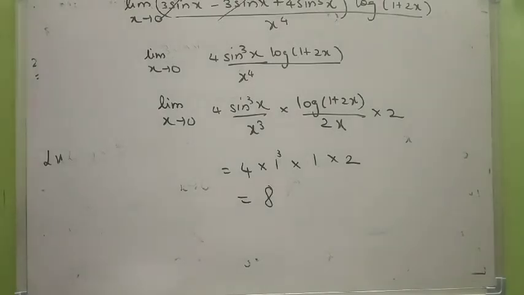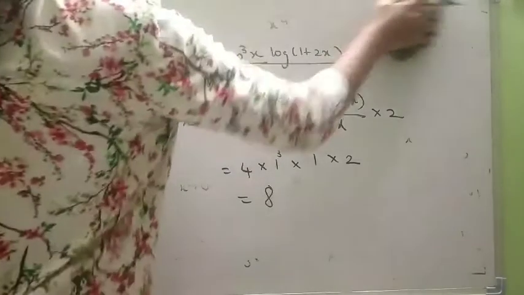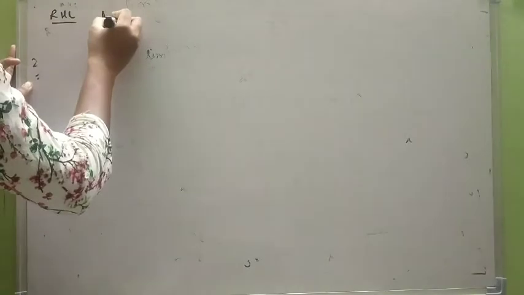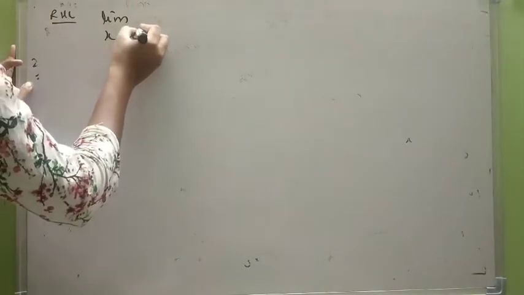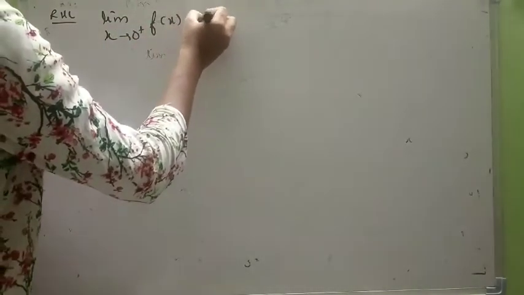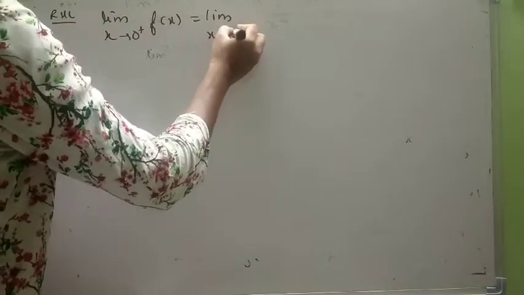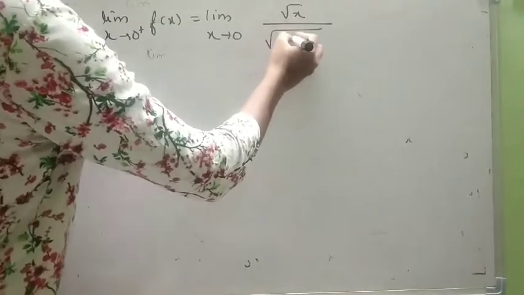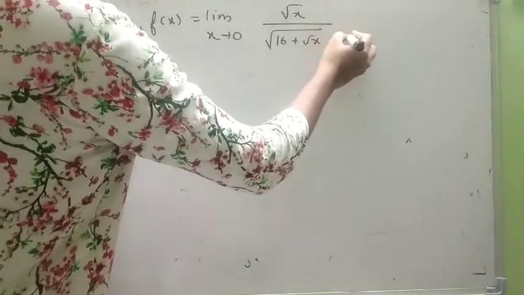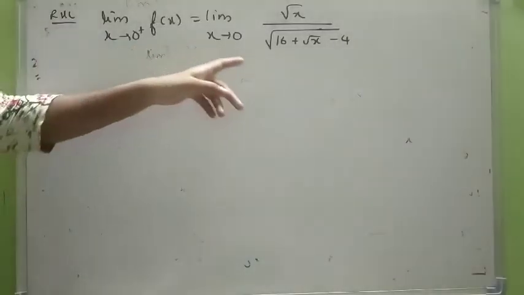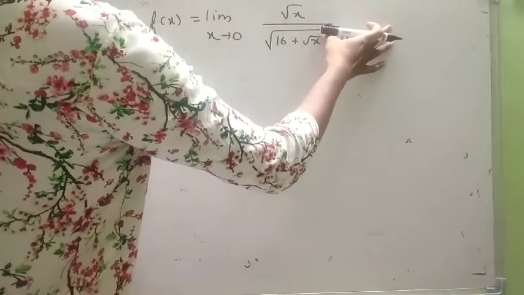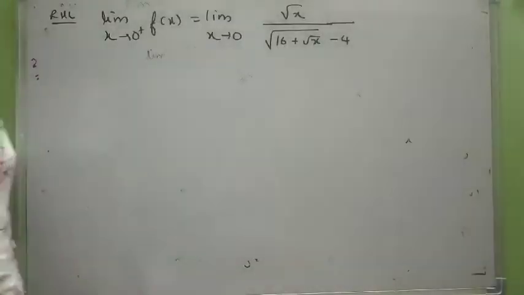Now you have to check the right hand limit. At x is equal to 0, so this will be x tending to 0 plus, root of x upon root of x plus 16 minus 4. So we have to find the limit of this. This root is up till here and this is a separate term, minus 4.